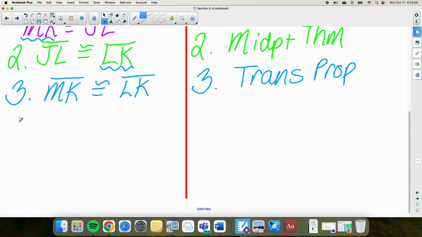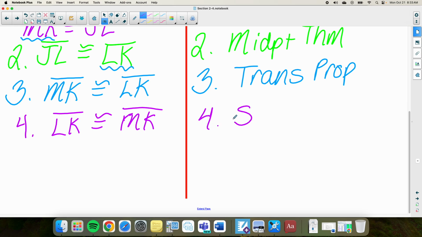So the last step we'd have to do here is say LK is congruent to MK, and that is the symmetric property. So sometimes you just have to flip the left and right, and that is symmetric.